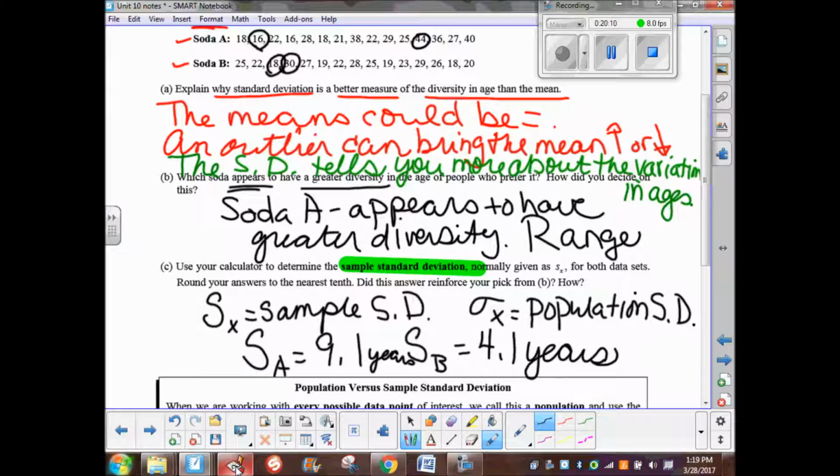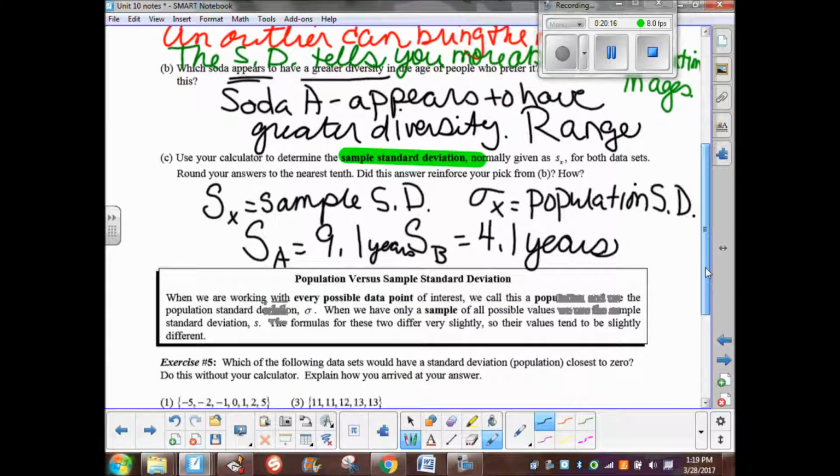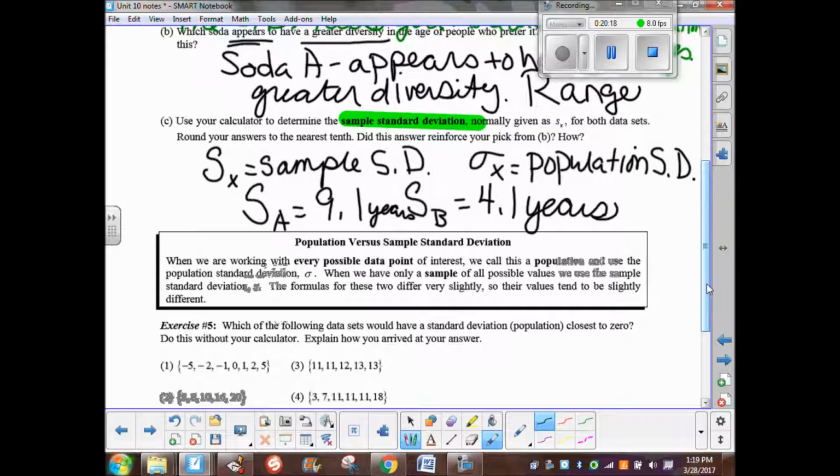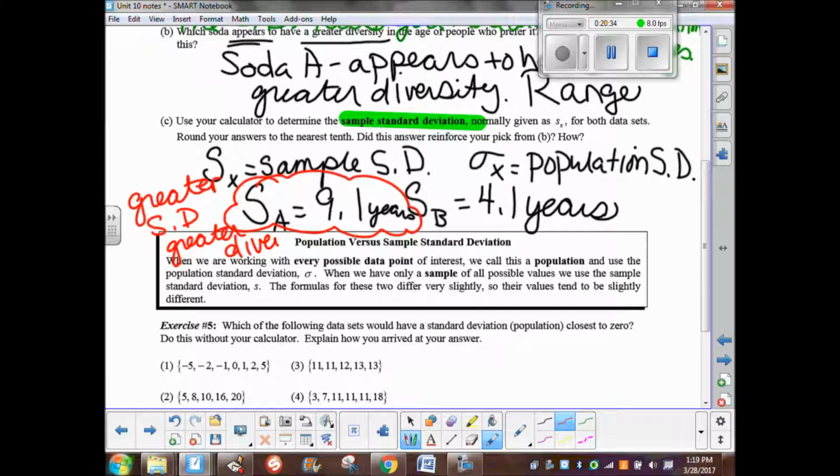By using the standard deviation, you see it's 9.1 compared to 4.1. So greater standard deviation, therefore greater diversity in ages.